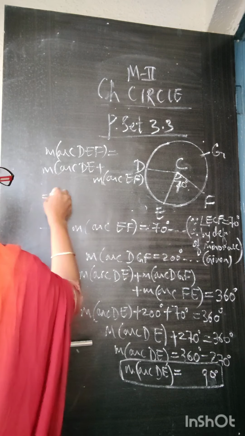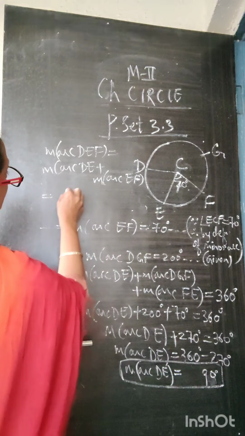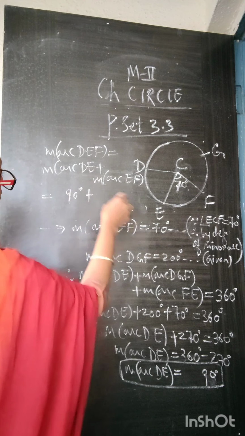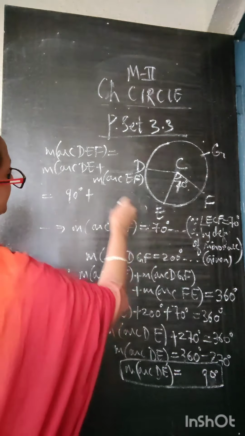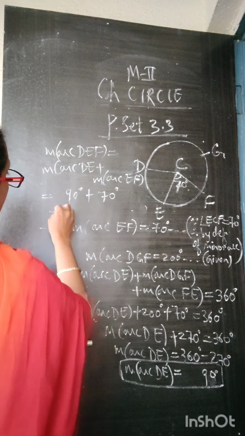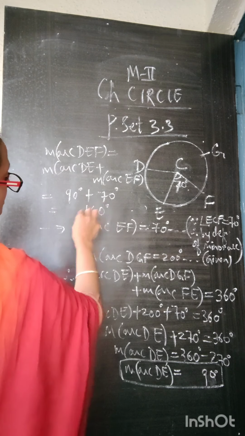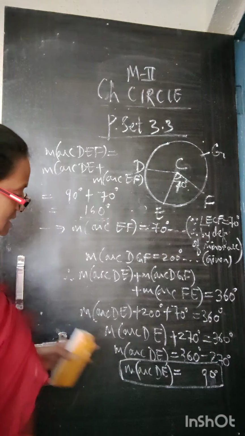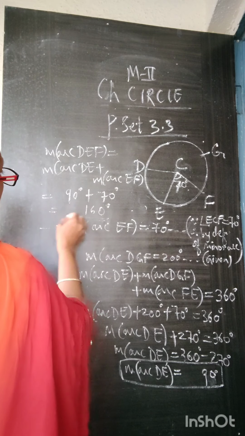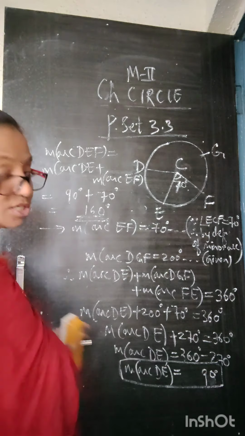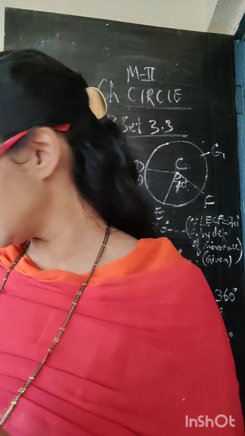We have already found measure arc DE, we got it over here 90 degree, and measure arc EF we have got it over here 70 degree. 90 plus 70 comes to how much? 160 degree. So this is the final answer. 160 and 90. Two answers we have got as per the question.